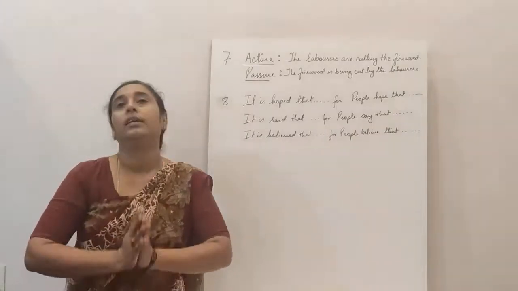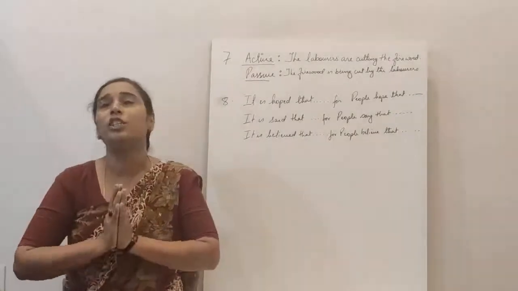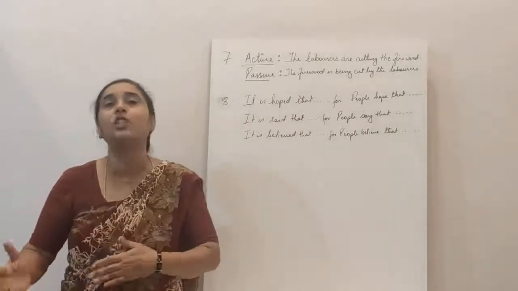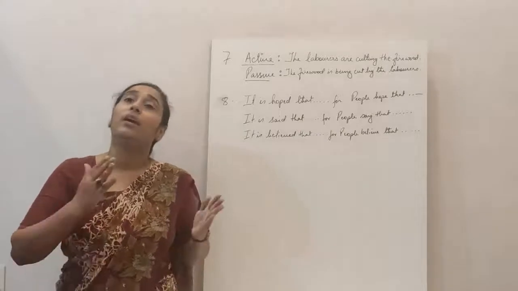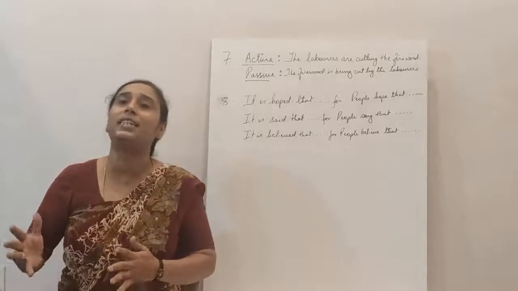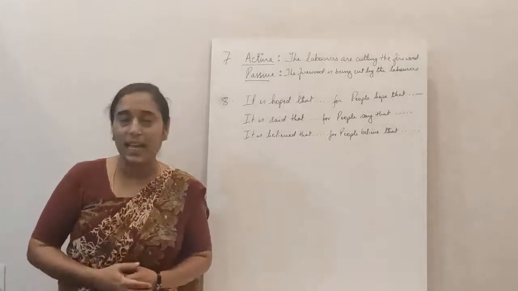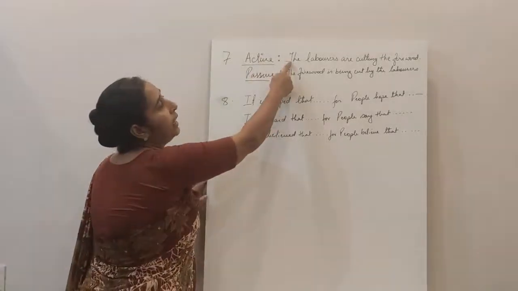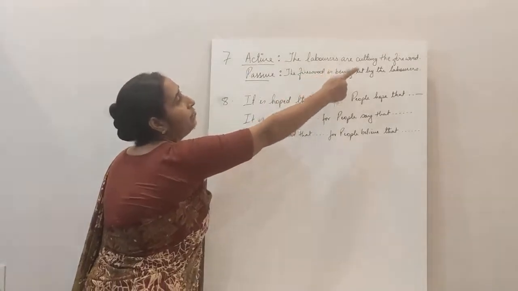Continuous form. Like most continuous forms, the passive continuous is concerned with the continuity rather than the complete state of an action. Example, in active voice, we say the laborers are cutting the firewood.